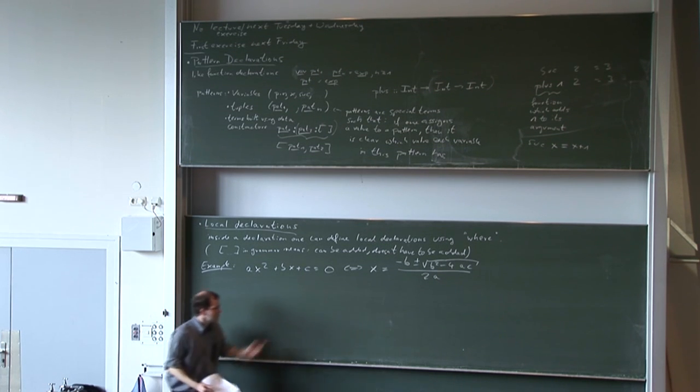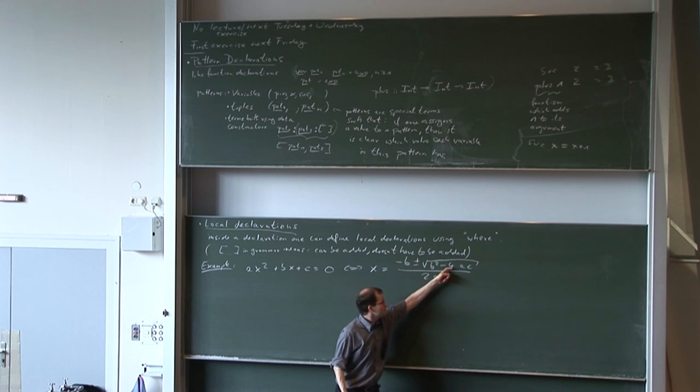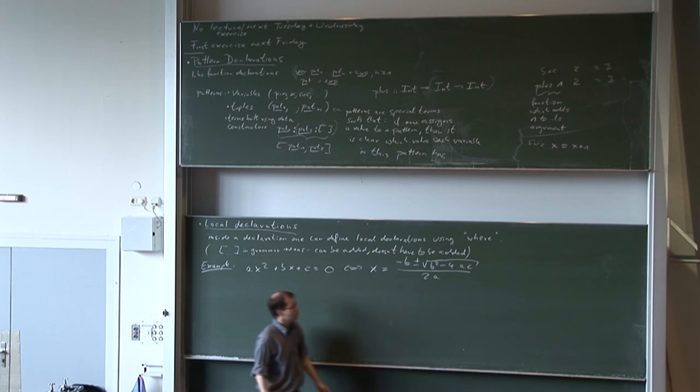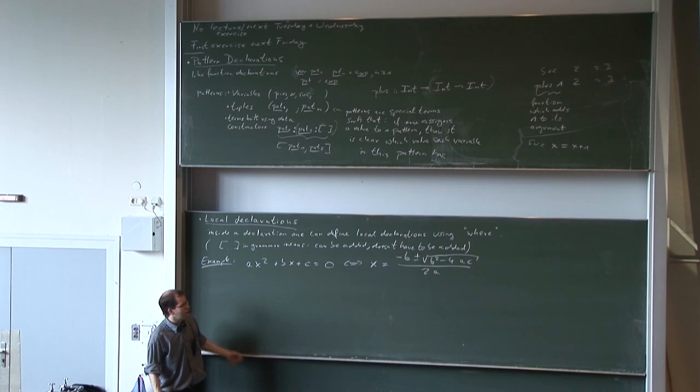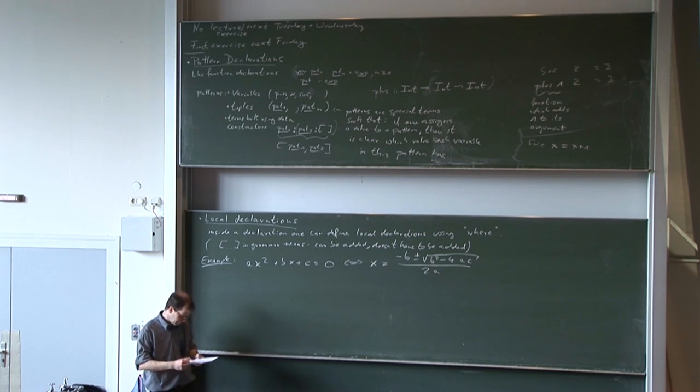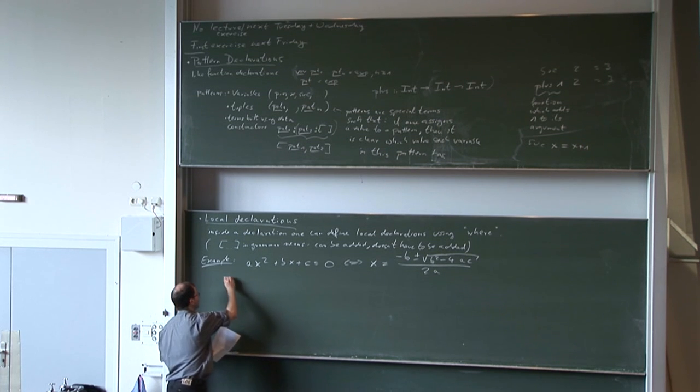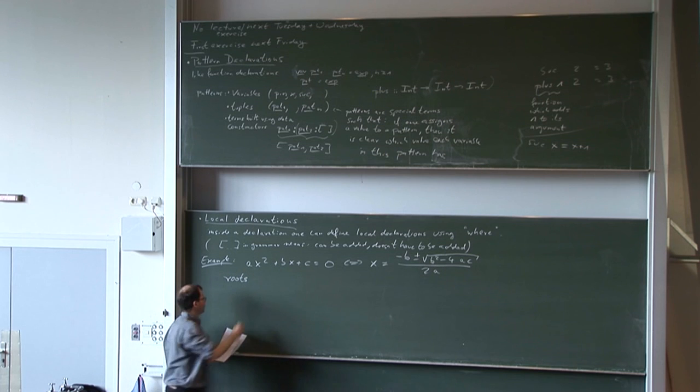Now, obviously, this doesn't always have a solution, because this stuff can be negative, and it can also happen that this stuff is 0, then it has one solution, and there are also cases where it has two solutions. So a, b, and c are numbers, and we look for all x's which solve this. Now, if we want to write a program which does this computation, it might look like this. These are the roots, Nullstellen, of this polynomial.